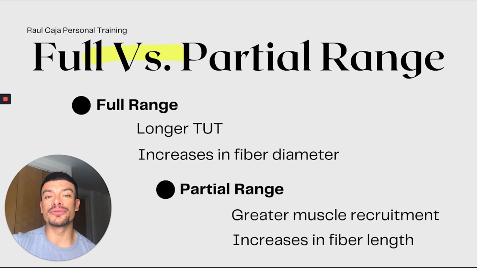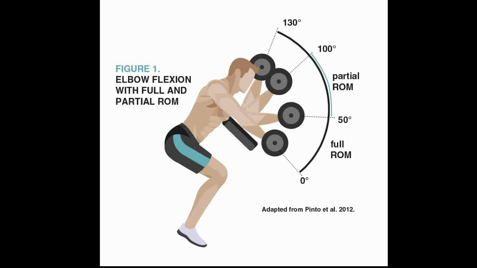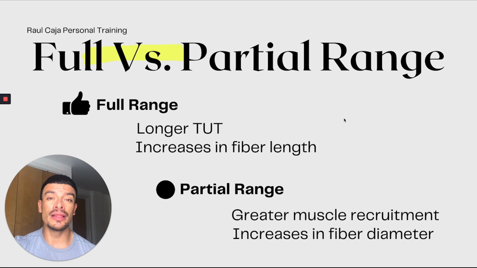So we talked about reduced range of motion. Now we can talk about full range of motion and partial range of motion. There is a lot of research done about this subject. These studies are trying to tell us what type of movement is more effective in order to achieve muscle growth. And according to this research, both methods have benefits.